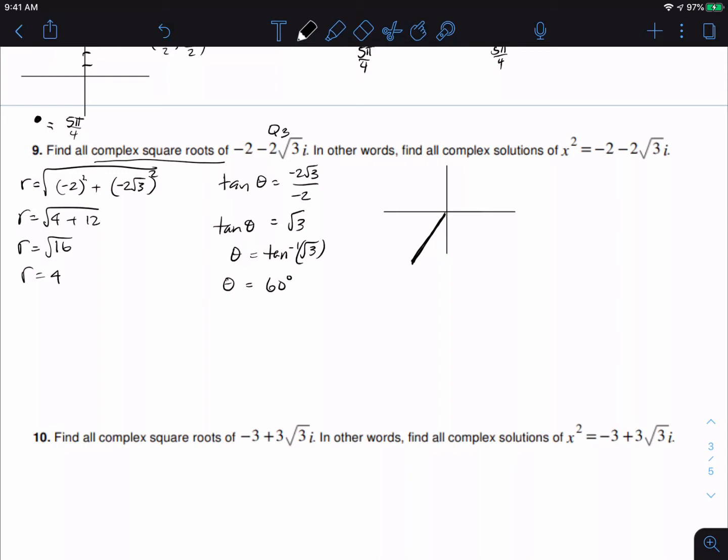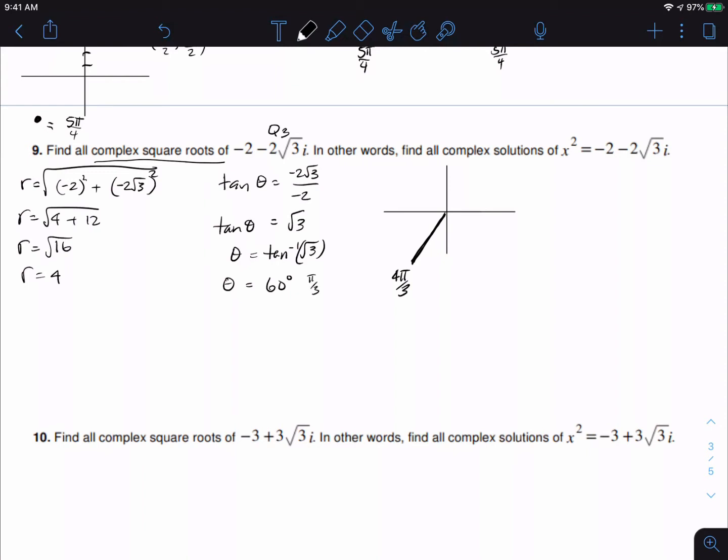So if that was 60, or that was pi over 3, adding pi to it, doesn't this become 4 pi over 3? Does that make sense to you guys, that we're at 4 pi over 3?